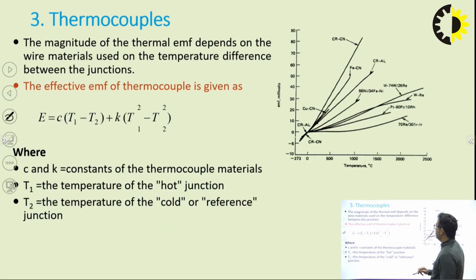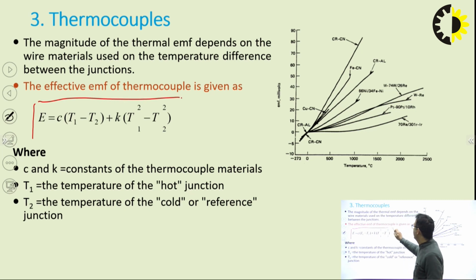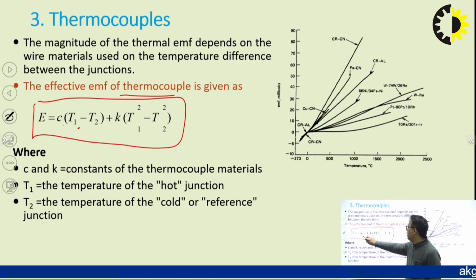Next. Like the RTD, here is the equation for how the EMF developed in a thermocouple is related to the temperature difference. It is related by this equation: C(T1 minus T2) plus K(T1 square minus T2 square).